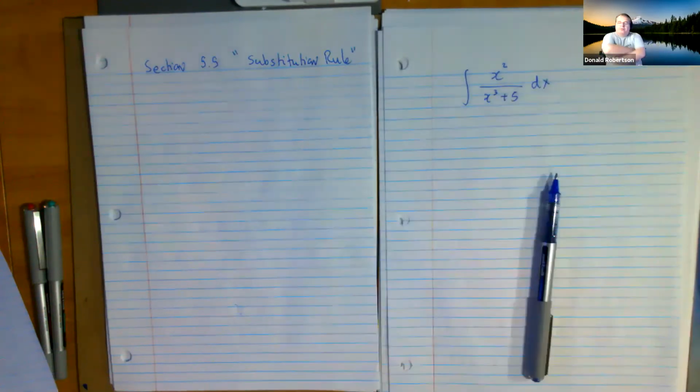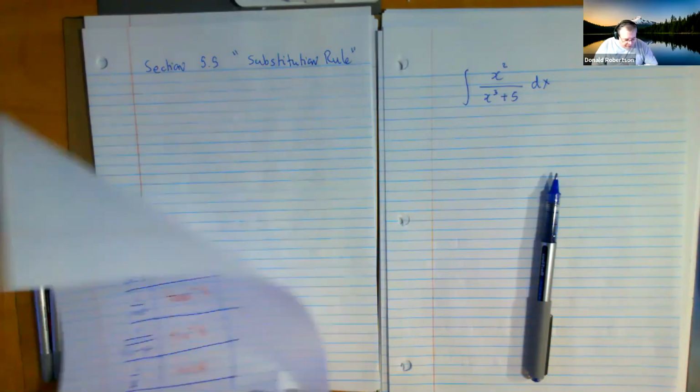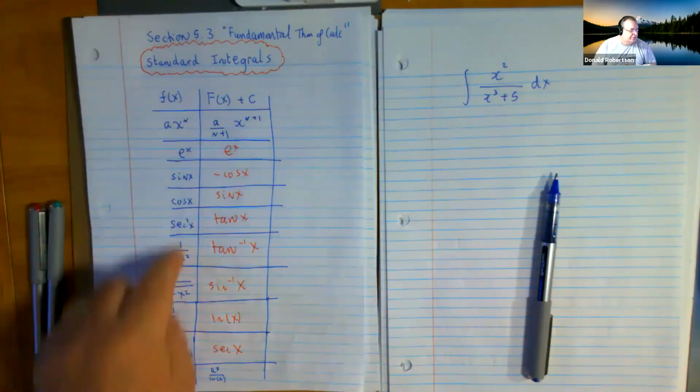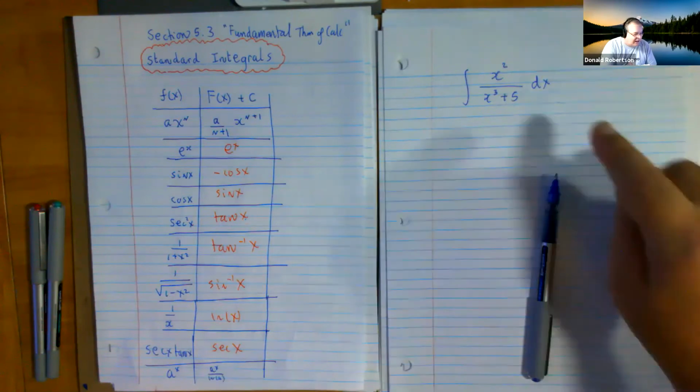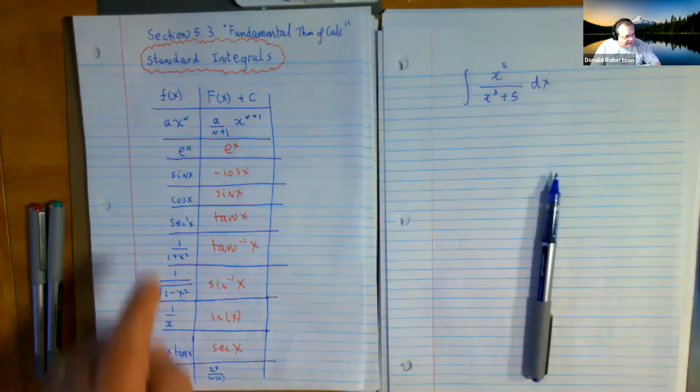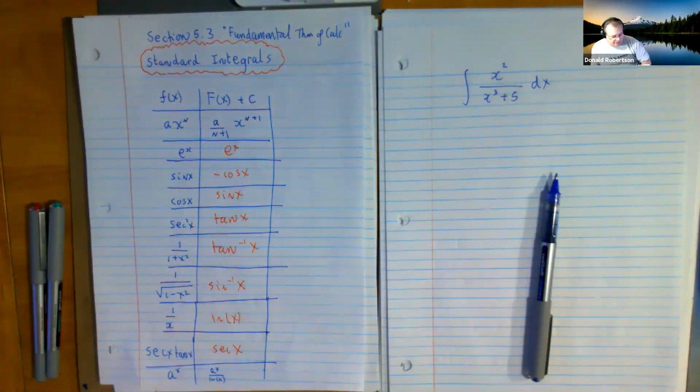There's an example of one. Can you trust me that you do not know how to get the antiderivative of that because it doesn't fit any of these? You can't do any algebra to that that will make it one of these.